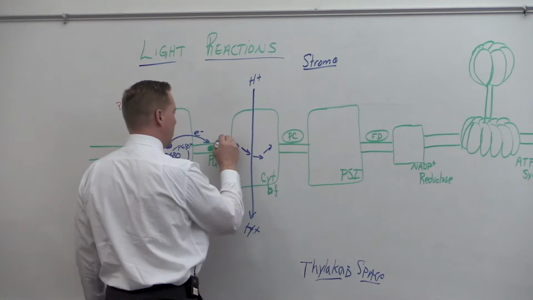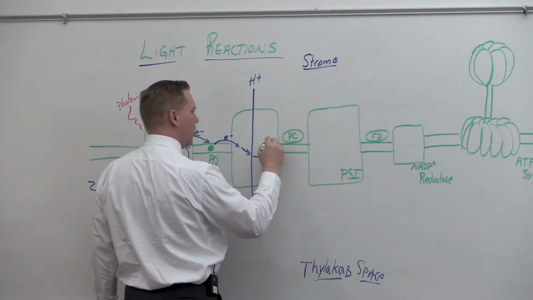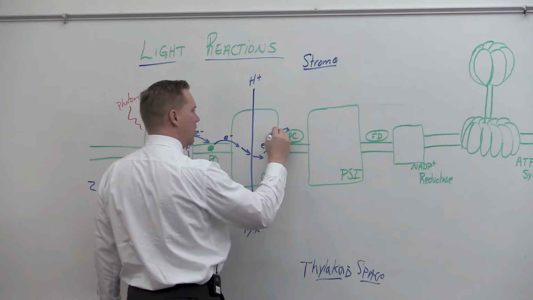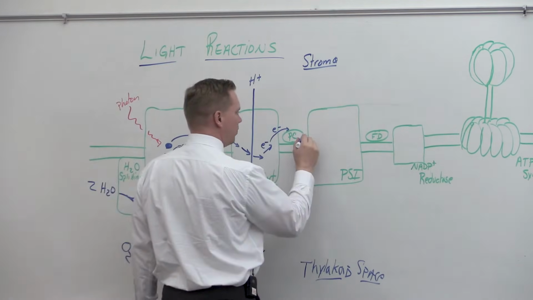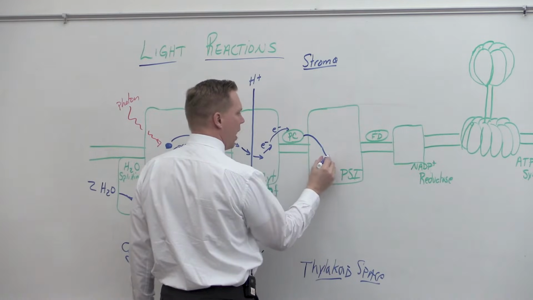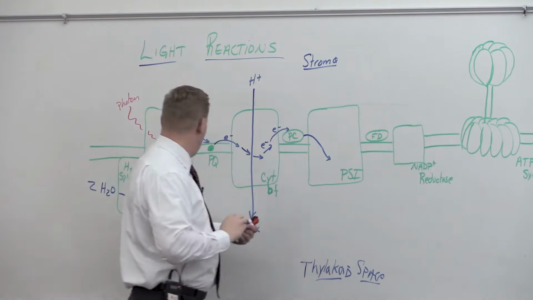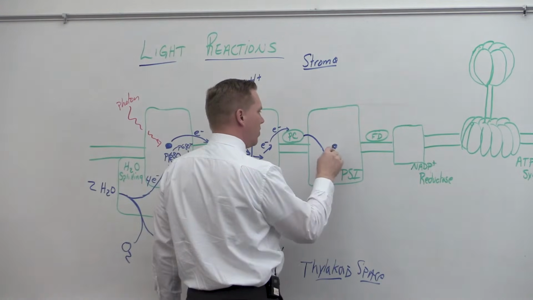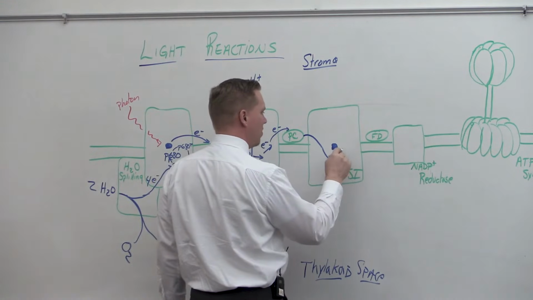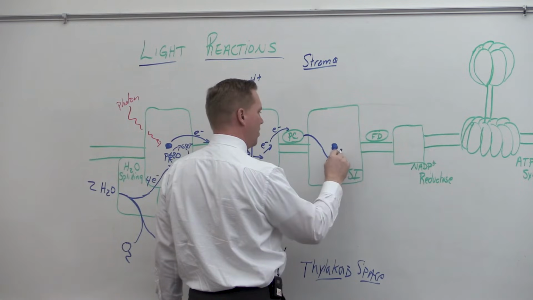As the electrons continue their movement, they're going to be passed on to plastocyanin, which just simply acts as a shuttle, to pass them to photosystem 1. Photosystem 1 has its reaction center called P700.